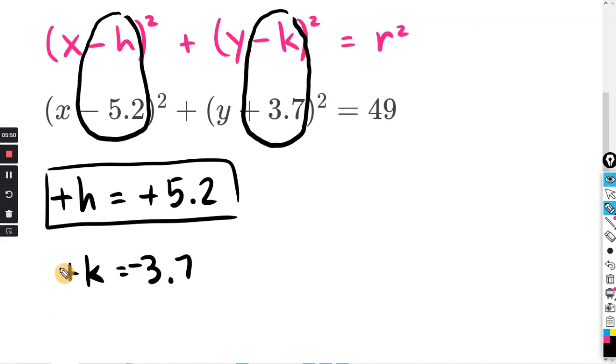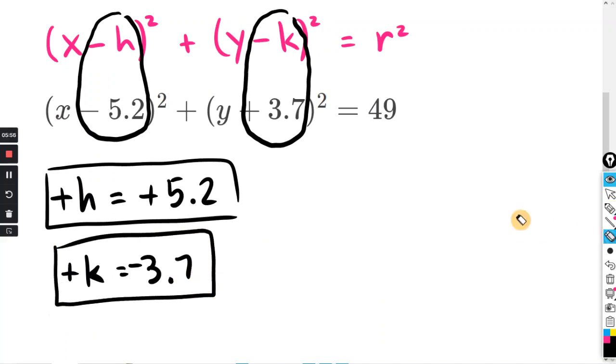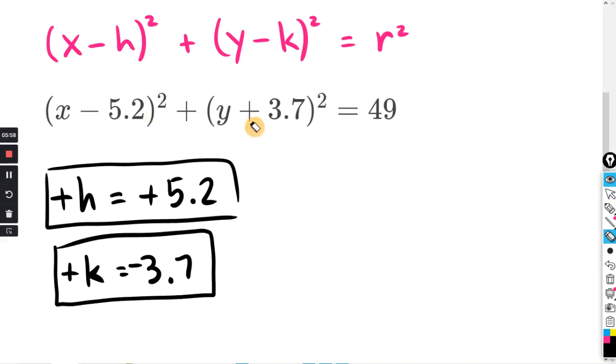So k is negative 3.7. Now, once again, do you have to go through that process each time? No, you do not. If you just look at this right here, just change the plus minus sign from negative 5.2 to positive 5.2. If you look at this right here, change the sign from positive 3.7 to negative 3.7.